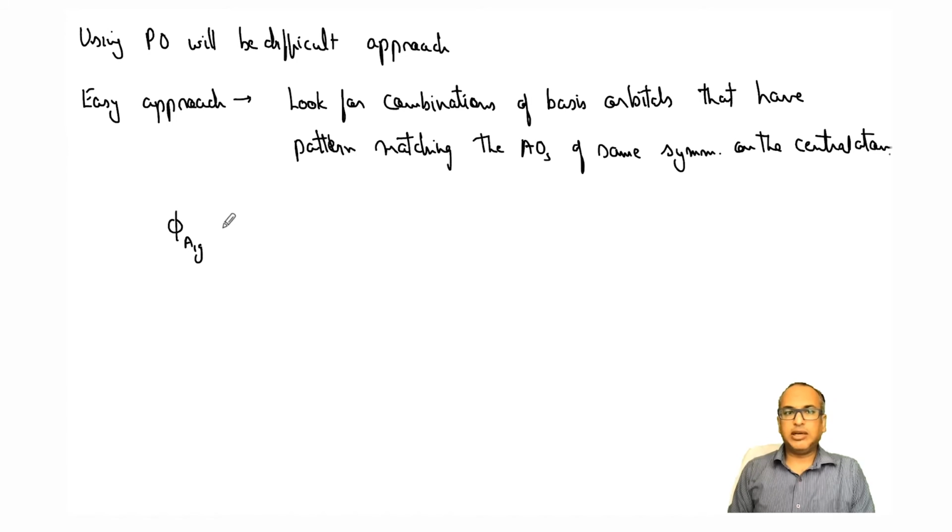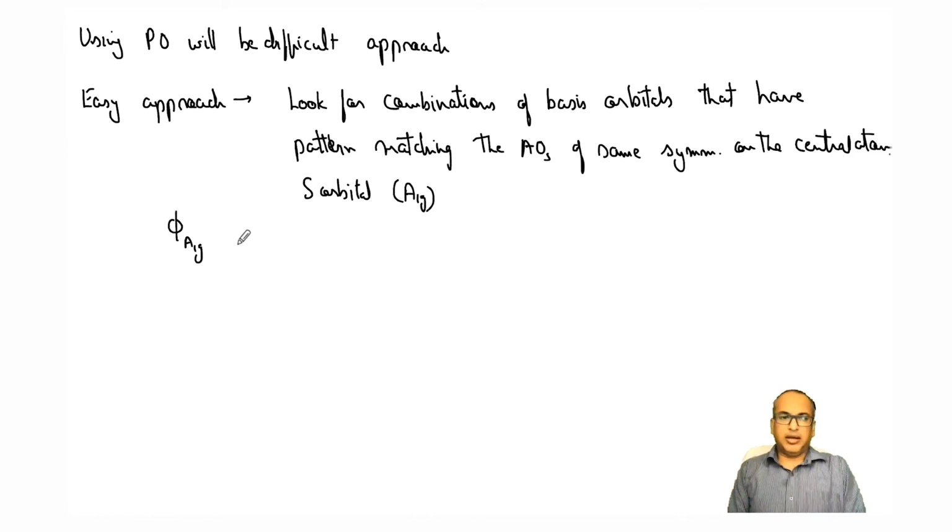So which orbital of the central metal has A1g symmetry? That is the s orbital, right? The s orbital is A1g. That means the 6 SALCs should have the same combination or same phase as the s orbital. So I'm directly writing after normalization, 1 over root 6.